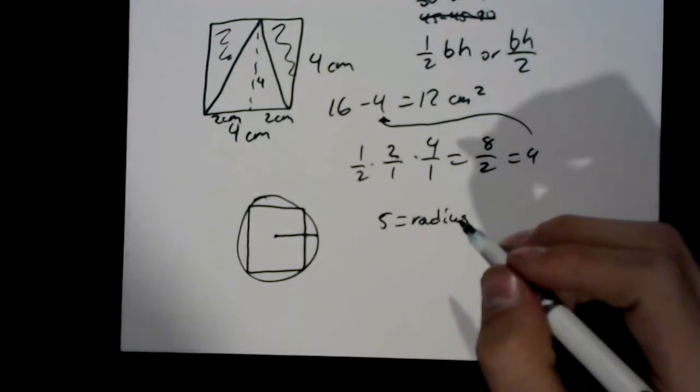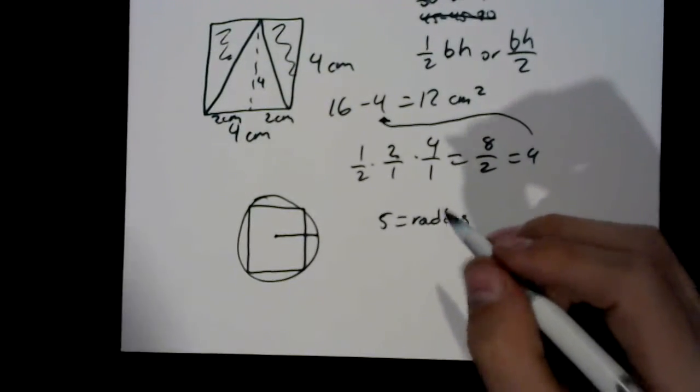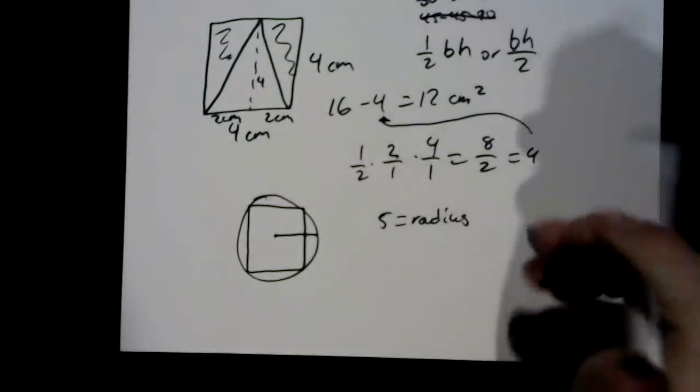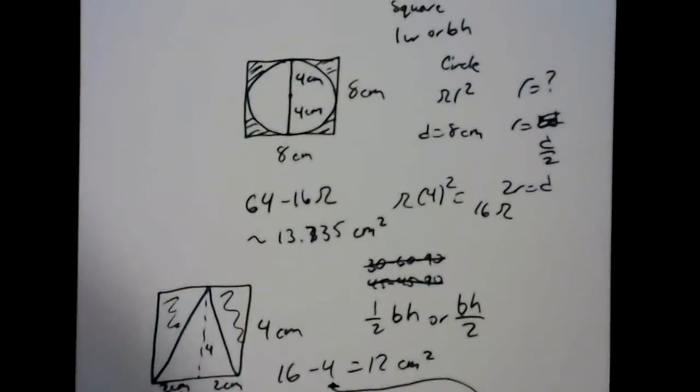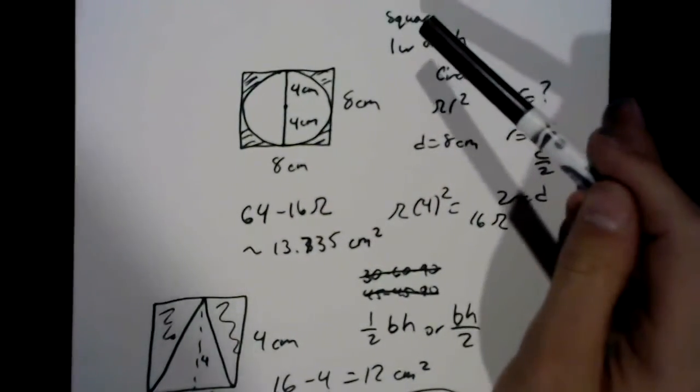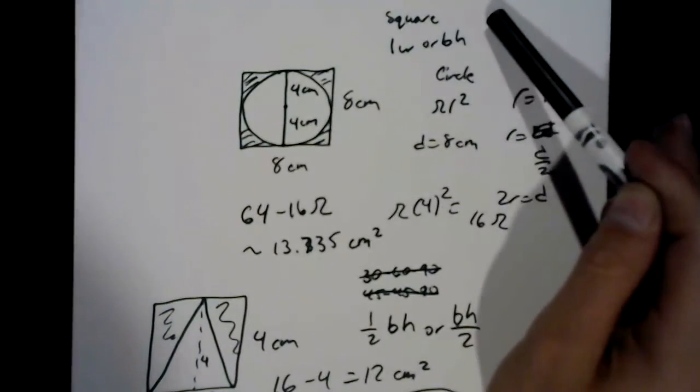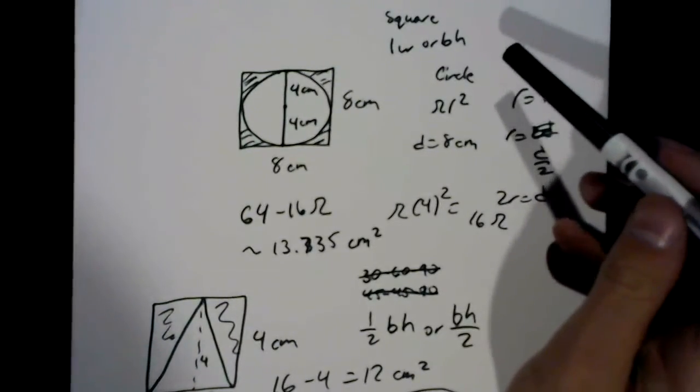Find the area. So, based off of the equations above, for the square is length times width, or base times height, and the area of the circle is pi times radius squared.